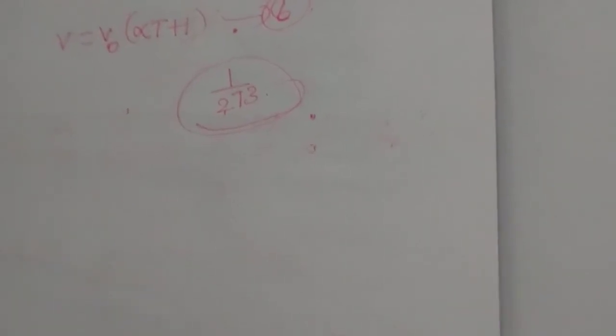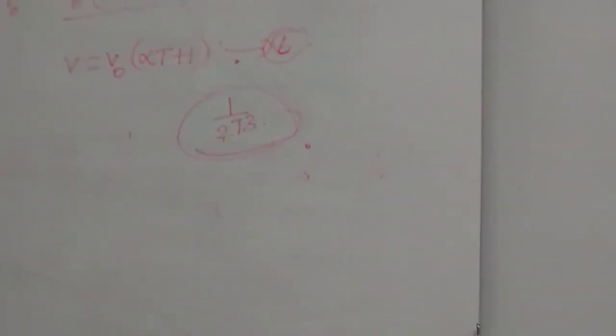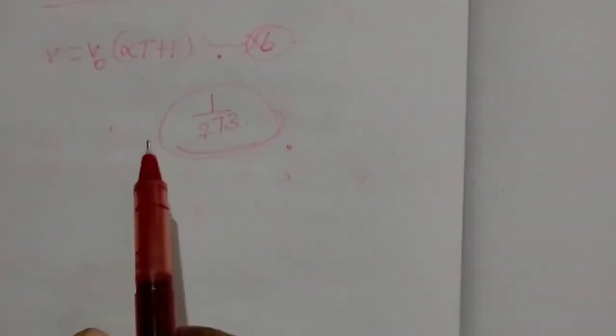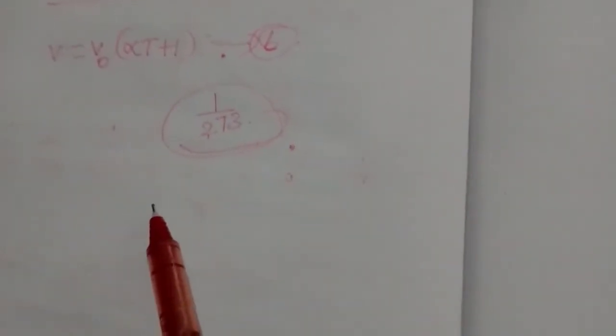That means for a given mass at constant pressure, for each degree rise in temperature, all gases expand by 1 by 273 of their volume at 0 degree Celsius.